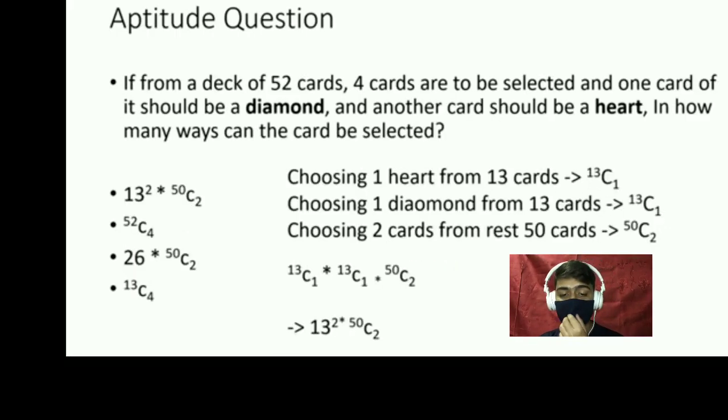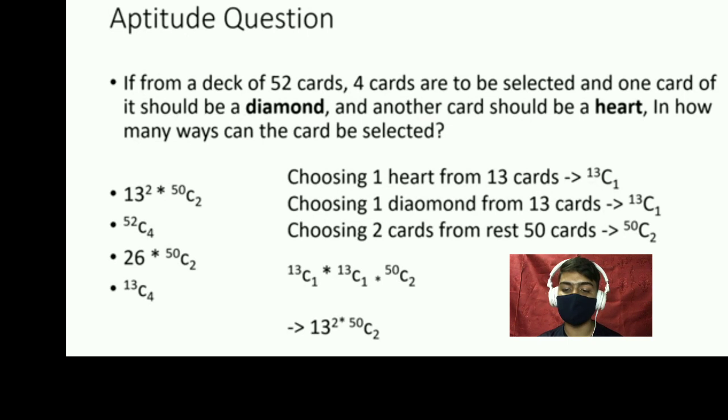Then the next question is an aptitude question. If from a deck of 52 cards, 4 cards are to be selected and 1 card should be a diamond and another card should be a heart, in how many ways can the cards be selected? Choosing one heart from the 13 cards is 13C1. Choosing one diamond from 13 cards is 13C1.